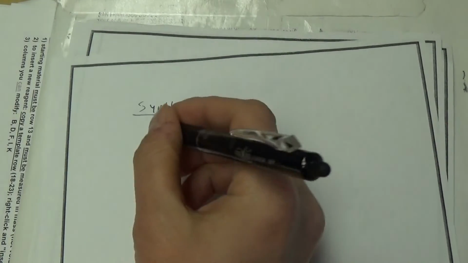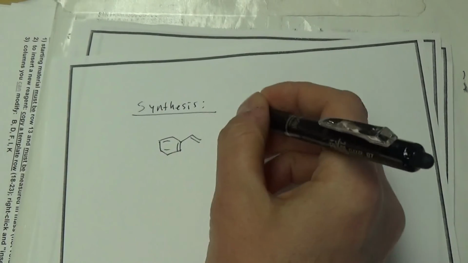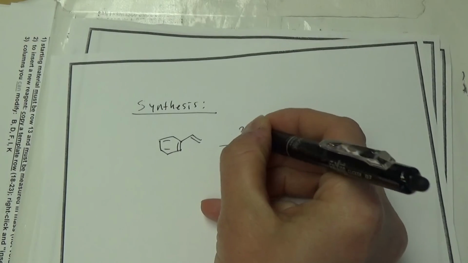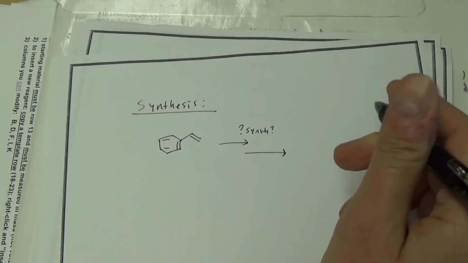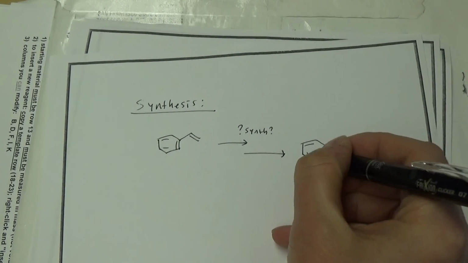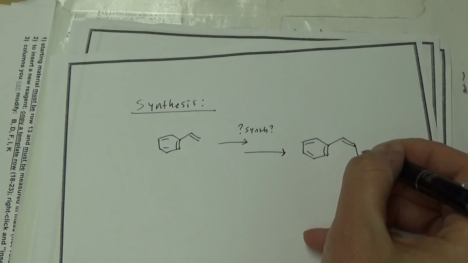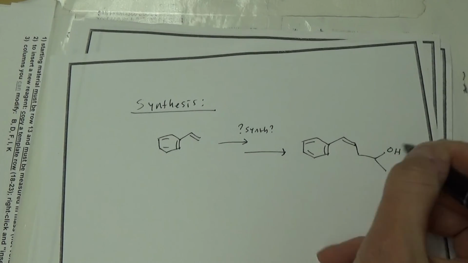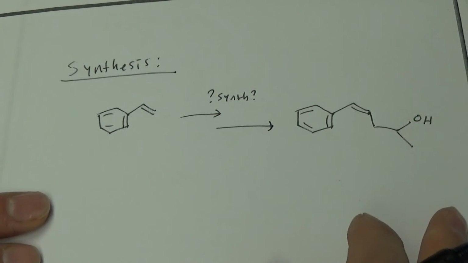So let's just assume we have a benzene with an alkene, and we're going to do a couple-step synthesis to make basically the same thing, but with a cis alkene and a methyl and an alcohol.